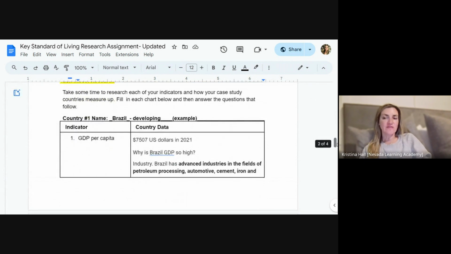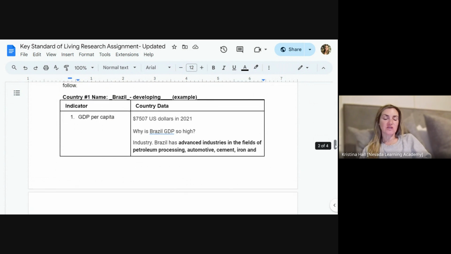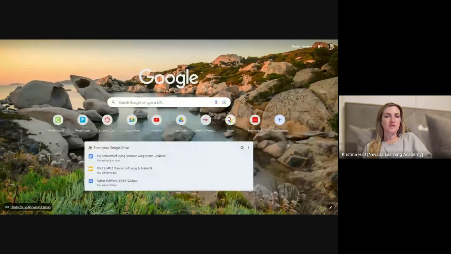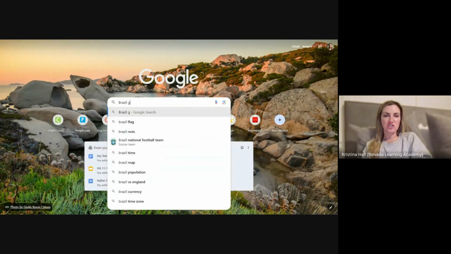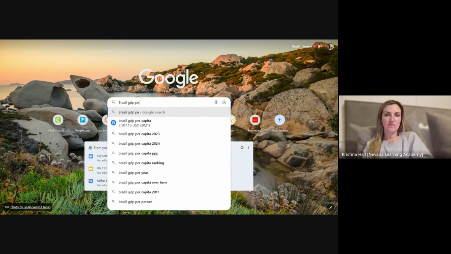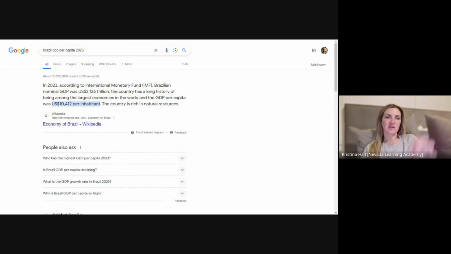My first indicator, which everybody has to do, is GDP per capita. You can literally go to Google and just type in Brazil GDP per capita 2023, and it's going to pop up.